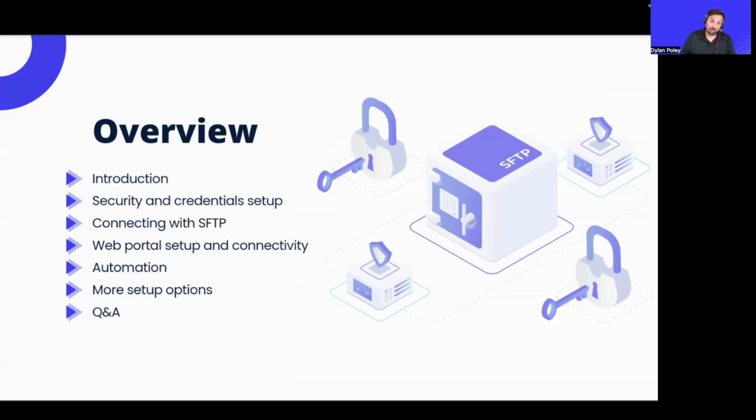We're also going to be talking about web portal setup and connectivity, so basically setting up the web portal and ensuring smooth connectivity from any device. We're also going to touch on automation, covering our webhooks as well as our API options. And lastly, we're going to show some additional customization and setup options, the most common ones across all of our new customers.